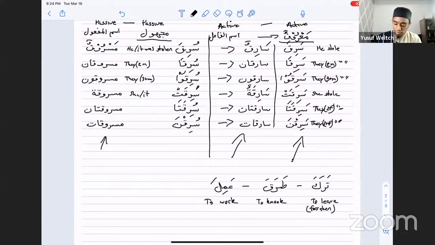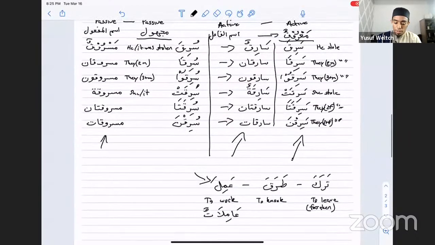Amilatun, good. And so you knew what the three root letters were in their verb version, so by that you are able to plug it into a noun version and change the pronoun. So amilatun are women who work. Salihatun, righteous women. Mu'minatun, believing women.